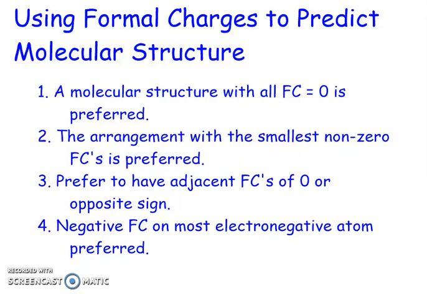So if I have an atom with a formal charge that is negative, next to it I want to have either a 0 or a positive. I don't want to have 2 negative or 2 positive formal charges on atoms that are next to each other. And then the last one, the negative formal charge should be on the most electronegative atom, assuming we actually have to have a negative formal charge.